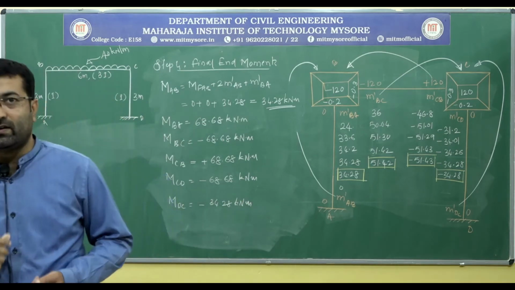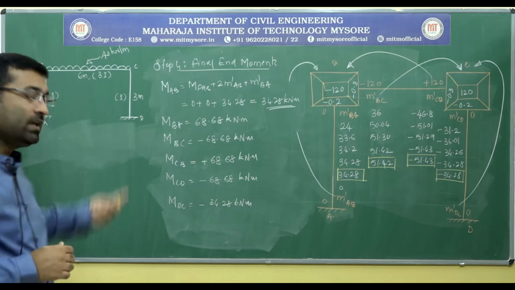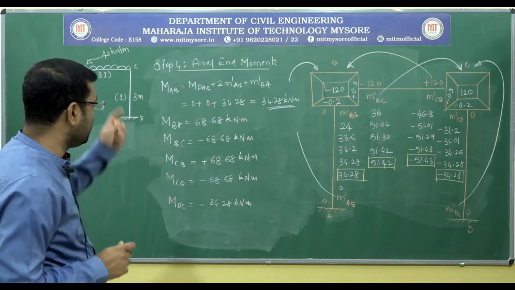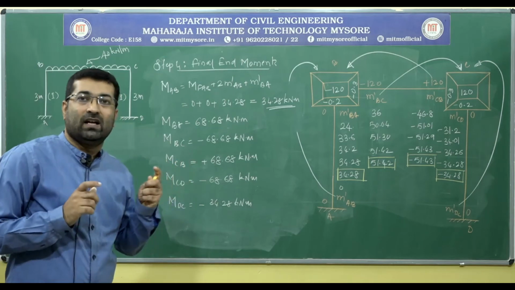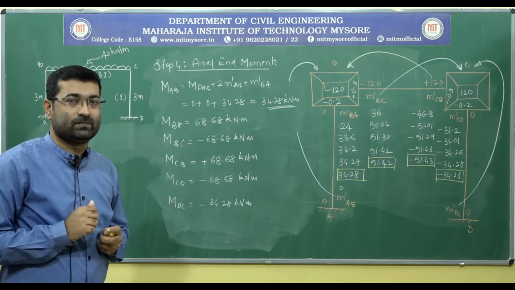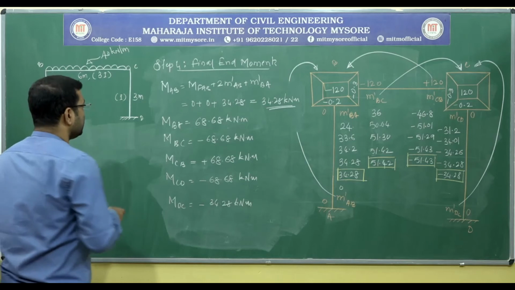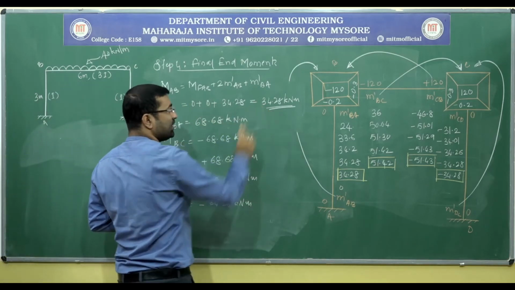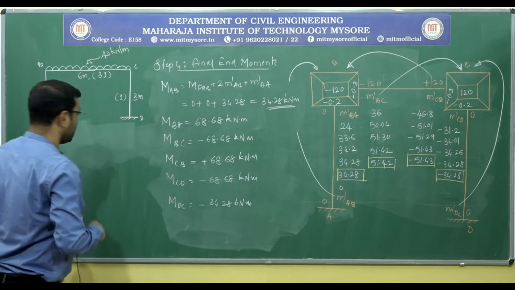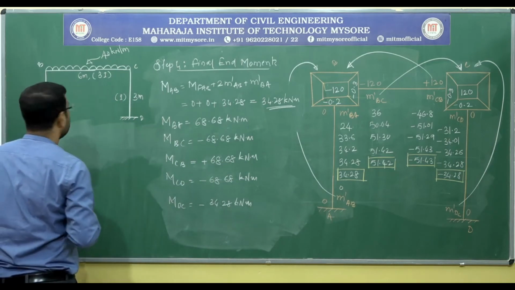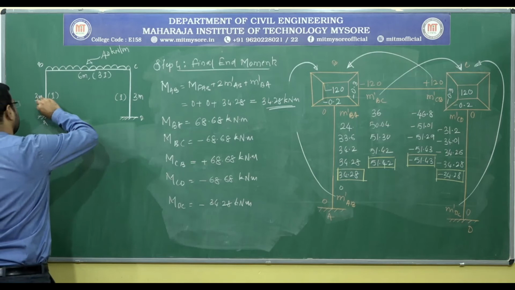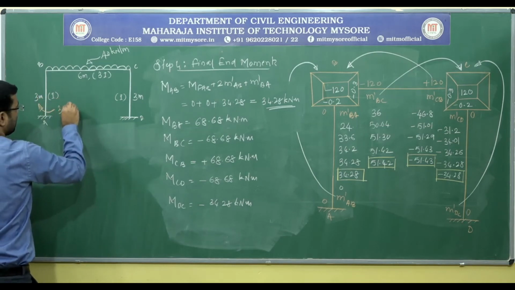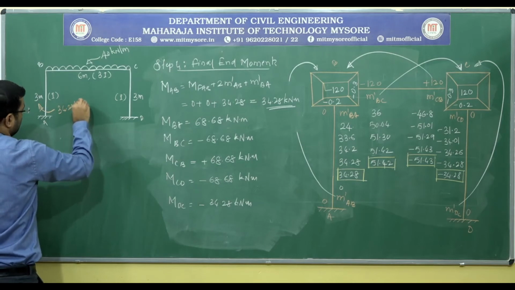So one thing I can say here is, if you observe the final end moments very carefully, you can make out that they are equal and opposite. See here, the MAB as per our calculation is 34.28. It is clockwise, so I will represent it as clockwise, 34.28 kilonewton meter.